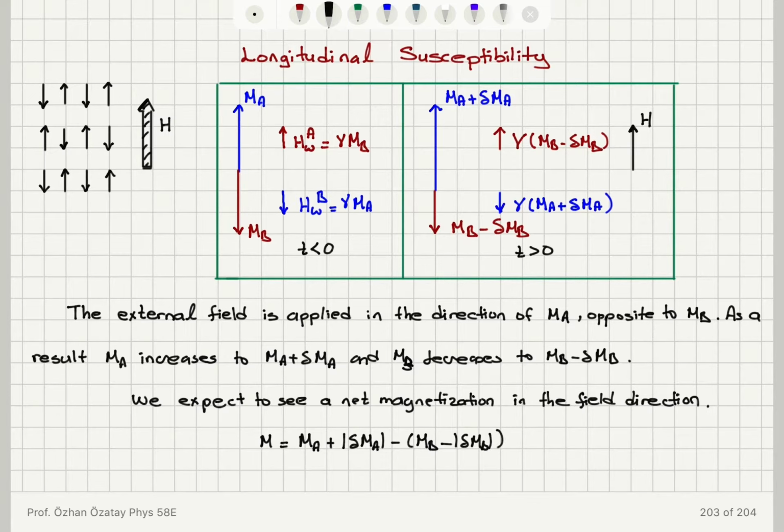So if I open this up, this will be MA plus delta MA minus MB plus delta MB, and since I have MA equal to minus MB, there will be a cancellation here. MA and minus MB will disappear.